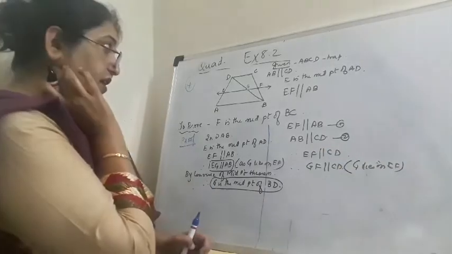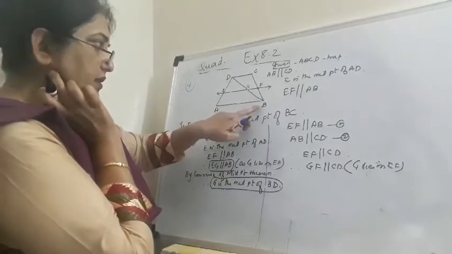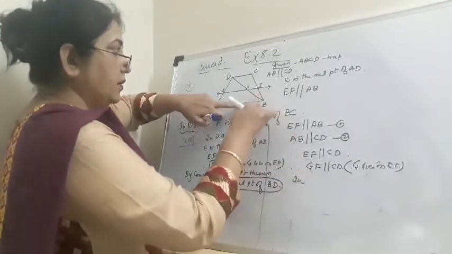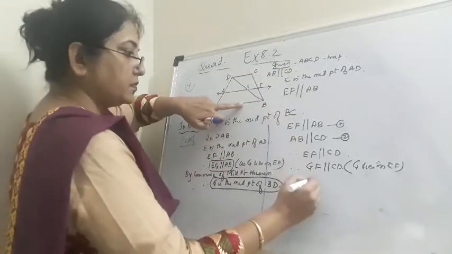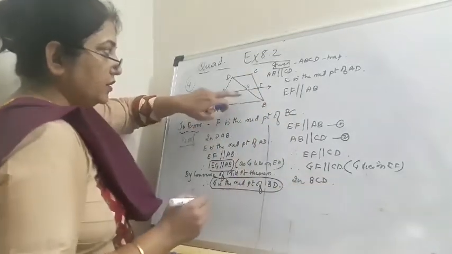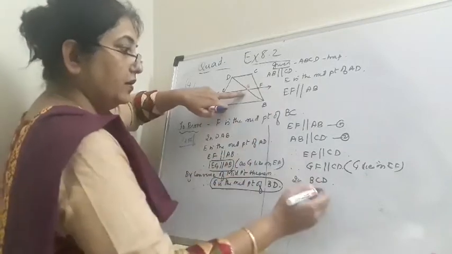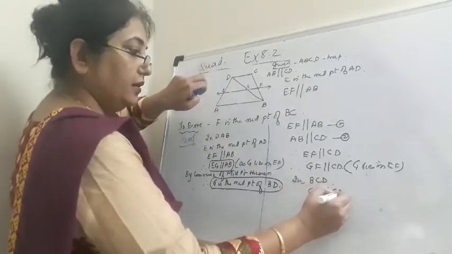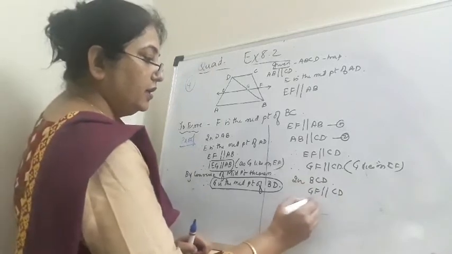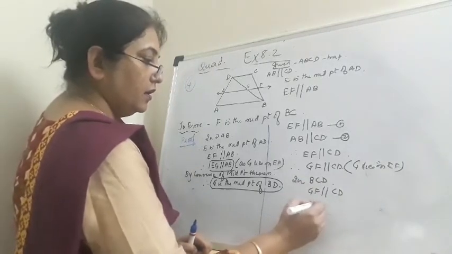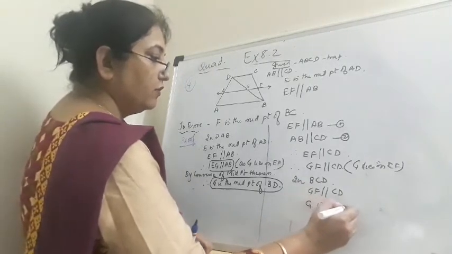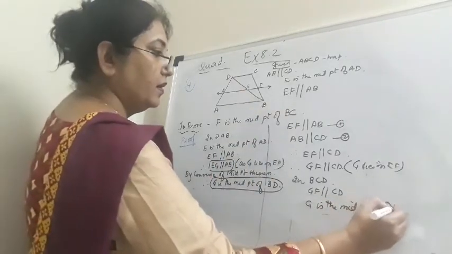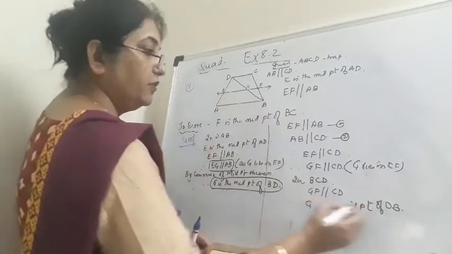Now, we apply the converse of the midpoint theorem in triangle BCD, where GF is parallel to CD, and G is the midpoint of DB. We have just proved above, we can write proved.